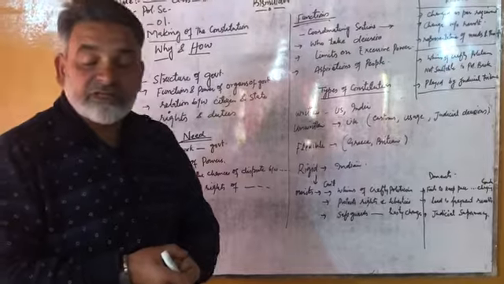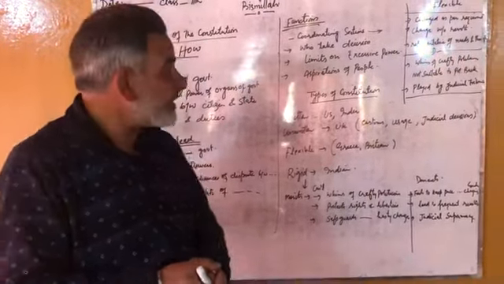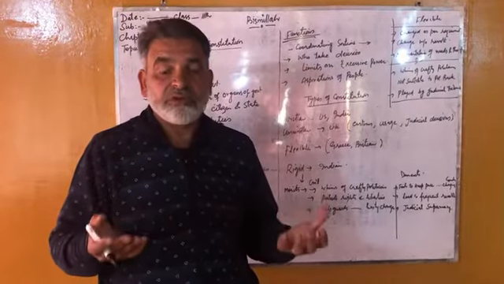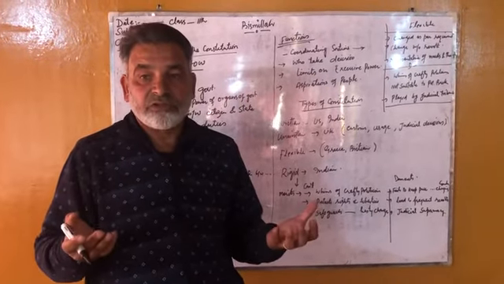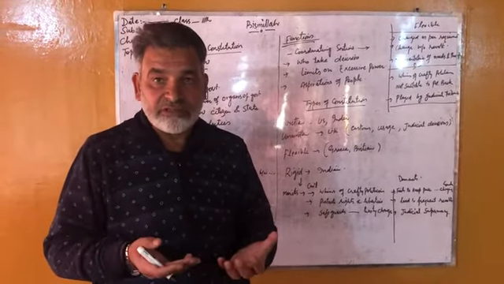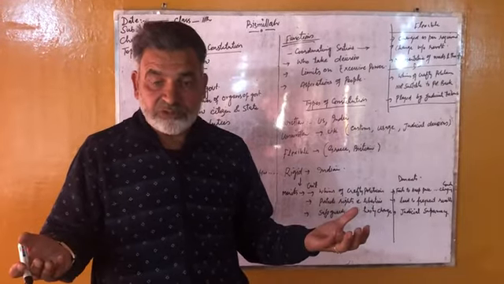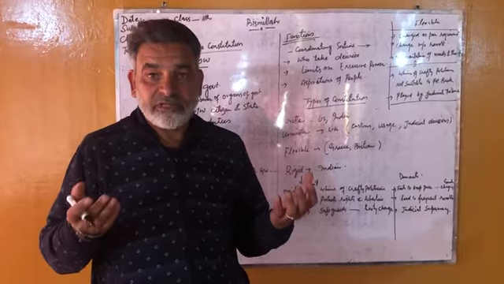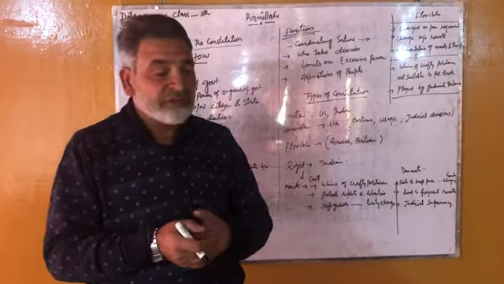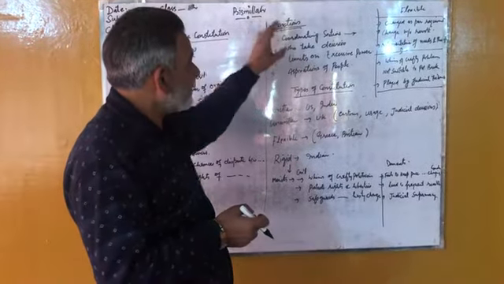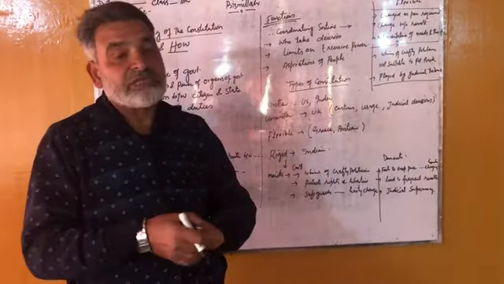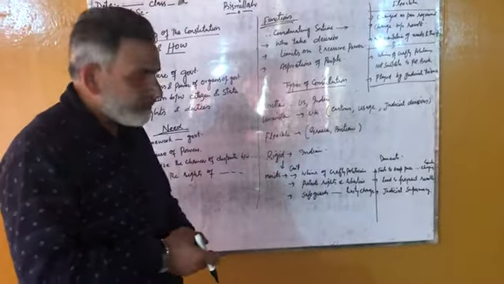Likewise, it works as per the aspirations of the people, what the people of the country, what the people of the state want from the government, what type of fundamental rights, what type of directive principles the people need, what type of luxuries, what type of life the people would like to live. The Constitution provides them. The function of the Constitution is to provide the framework for the aspiration of the people.